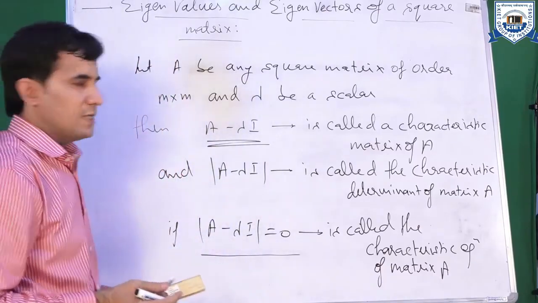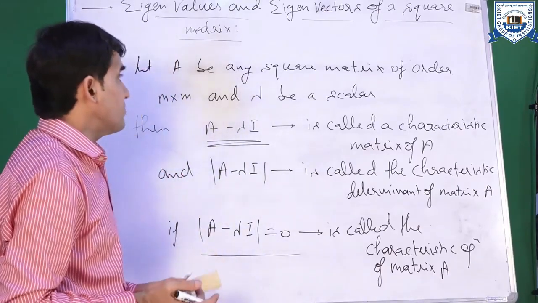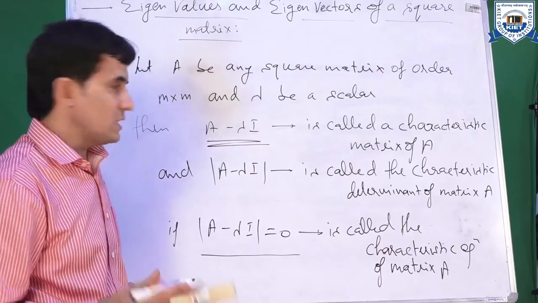Suppose we have a square matrix capital A whose size is m cross m and lambda be a scalar.